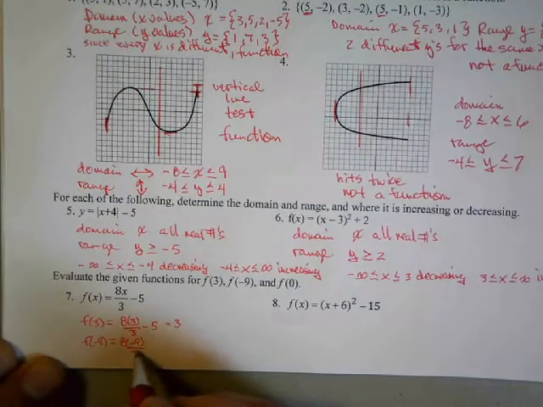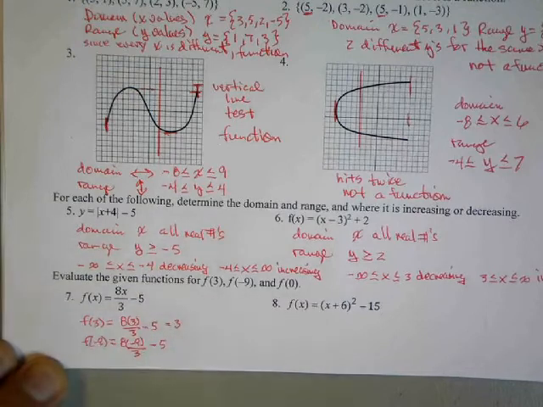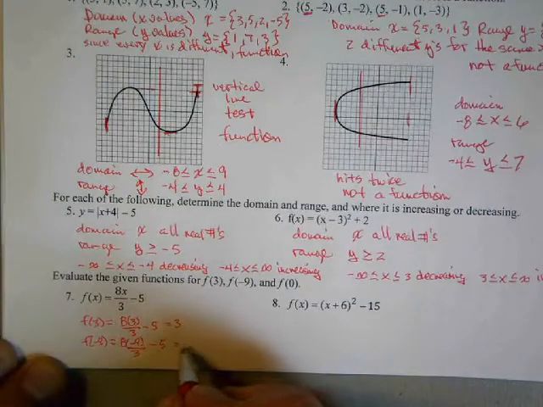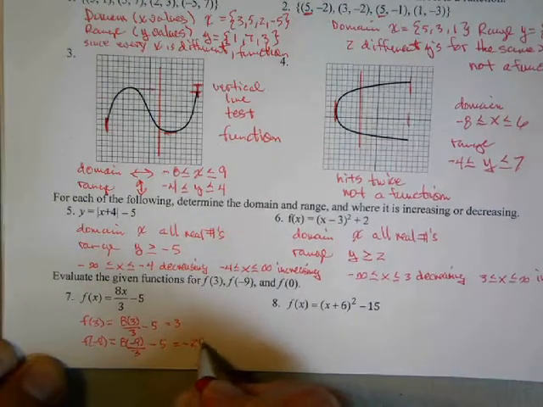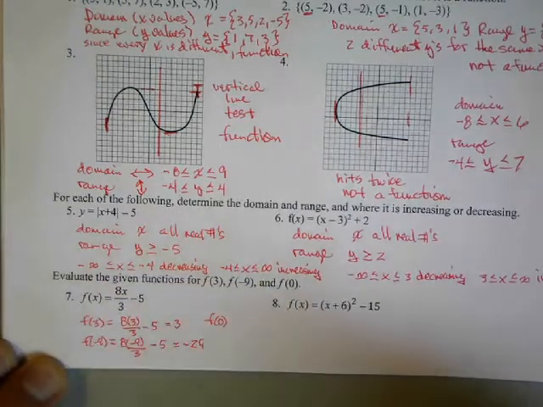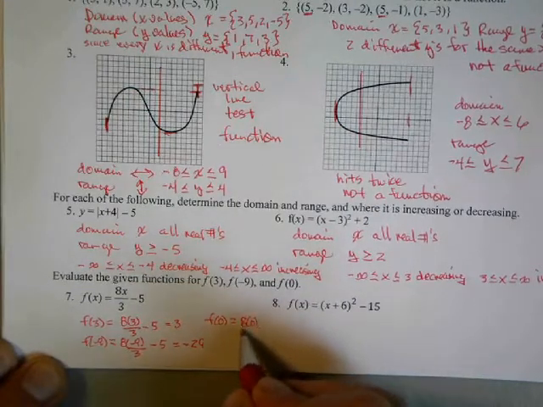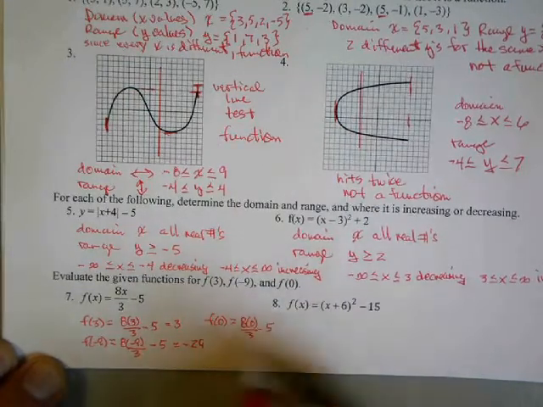The 9 over 3 will cancel to give me -3. -3 times 8 is -24. Subtract another 5, -29. And then f of 0 means wherever we have an x, plug in 0. So 8 times 0 over 3 minus 5. And of course, anything times 0 is 0, so we just end up with negative 5.